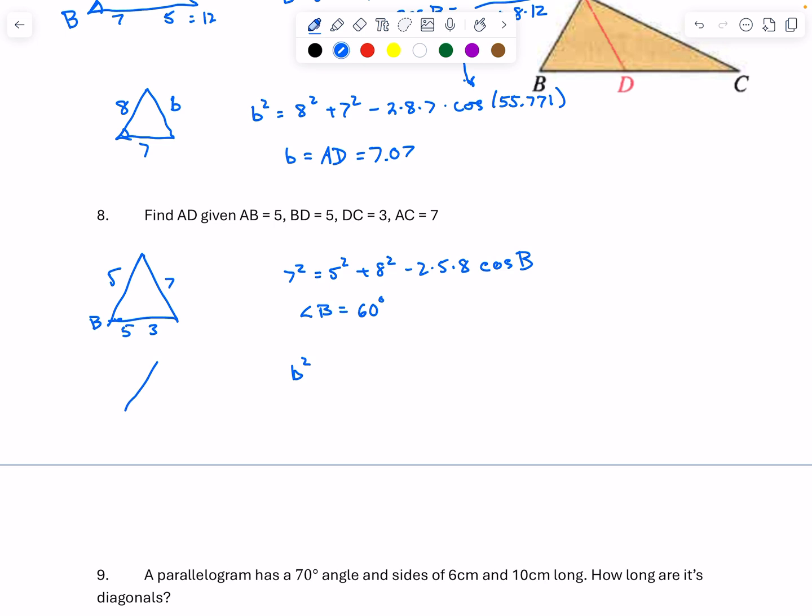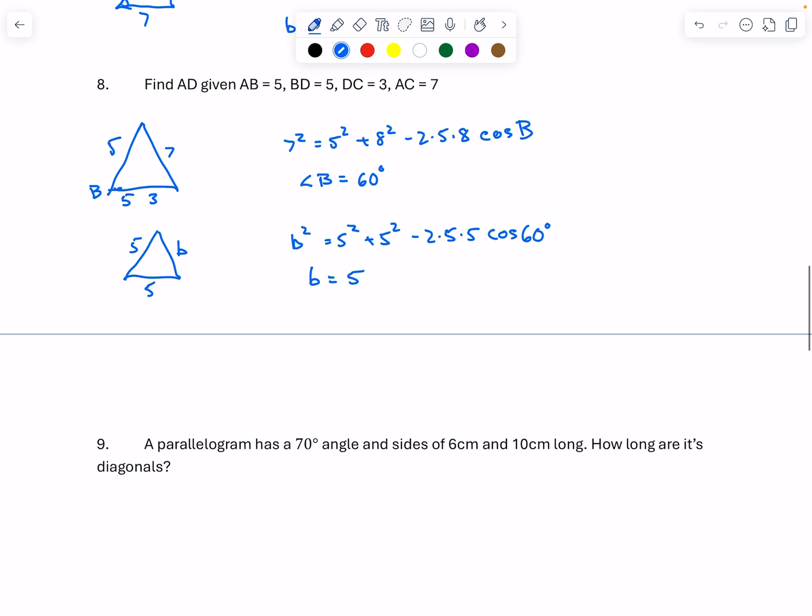And then you look at the smaller version to find AD. Oh, B is 5. It's a miracle. It's an equilateral triangle. Because you got two sides that are 5, so it's isosceles, and there's a 60, and that means there's 120 left between the two isosceles angles.